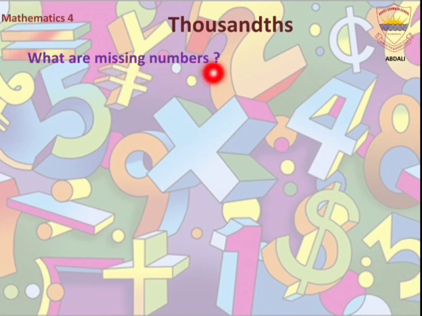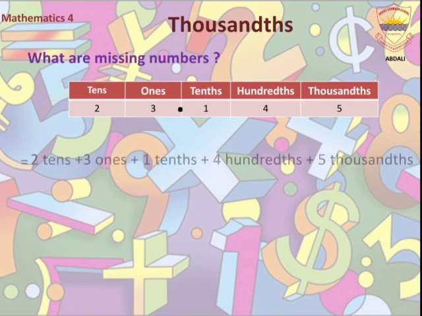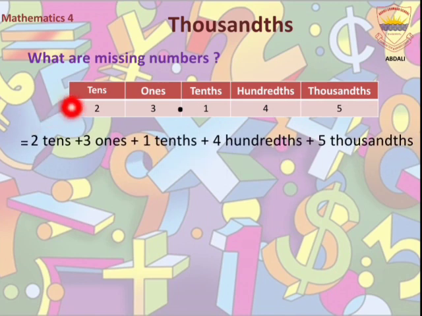What are the missing numbers? Here student, a place value chart is given and the values are written in this place value chart. The values are 32.145.